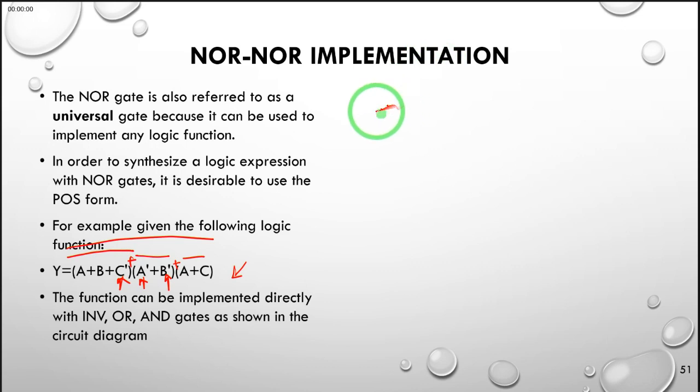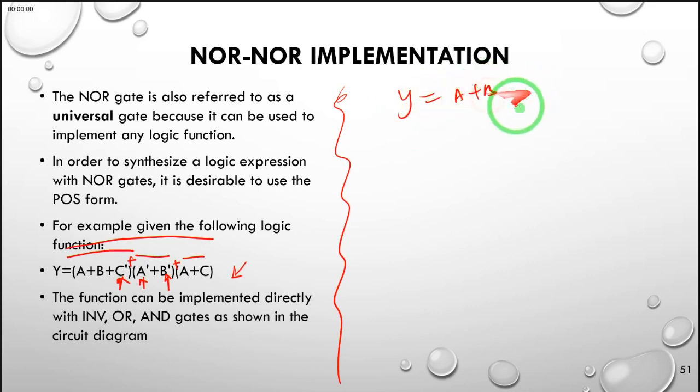So another example that I think it would be good if I just showed you, assume you are given y equals A or B, and you want to perform this using NOR gates only. All I will need to do is to introduce double bars, and this becomes a NOR operation, and then at the end you will have another NOR gate that performs the inversion.